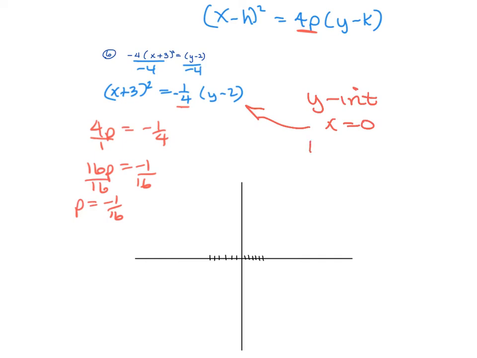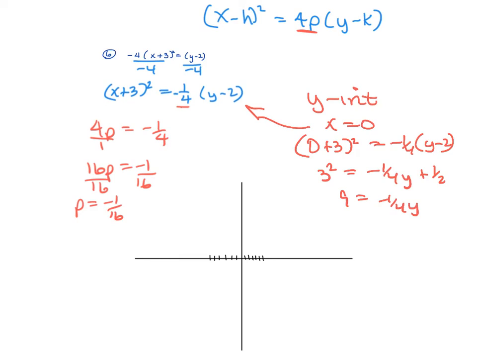Doesn't matter which, but let me use this one. 0 plus 3 squared equals -1/4 times (y minus 2). Then I can distribute: -1/4 y plus 1/2. So 9 equals -1/4 y plus 1/2. I could actually clear my fraction. I could multiply everything by 4 and get 36 equals negative y plus 2.